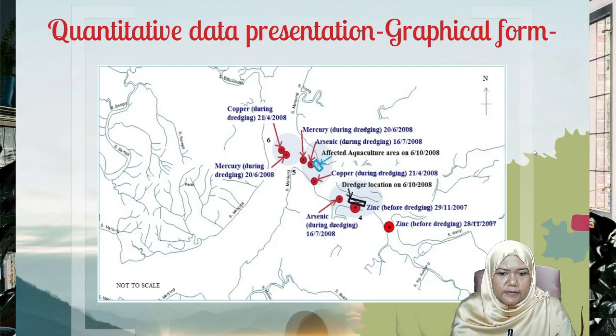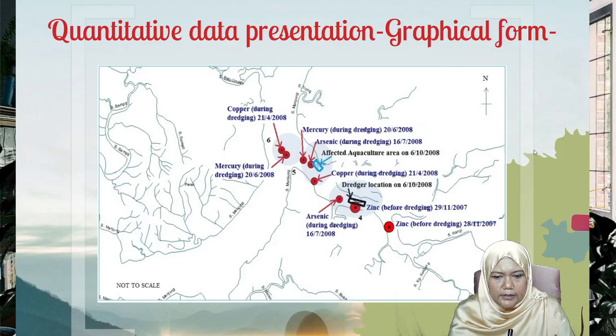If I want to use graphical form, I can use the GIS, the geographical information system, in order to point out where the critical event happens. Like what I've shown you now, it shows the location where the heavy metals are high in the river of Manjung, Setiawan.